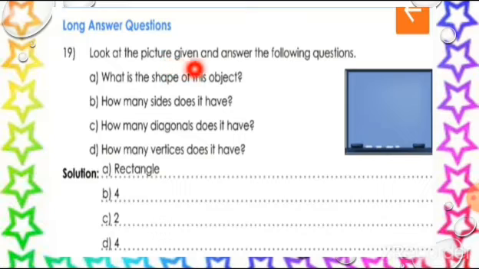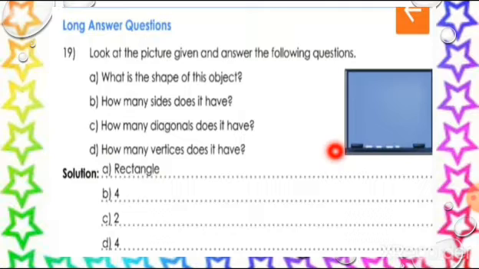Now the next homework question, 19th. Look at the picture given and answer the following questions. So look at the picture. So what is the shape of this object? It's a TV screen, right? Yes, it is a rectangle. Very good. You can write rectangle. Then how many sides does it have? Count. 1, 2, 3 and 4.